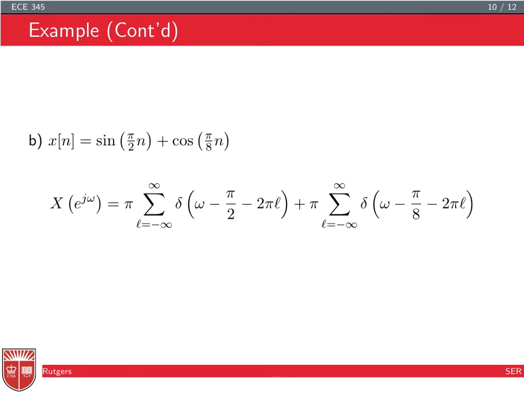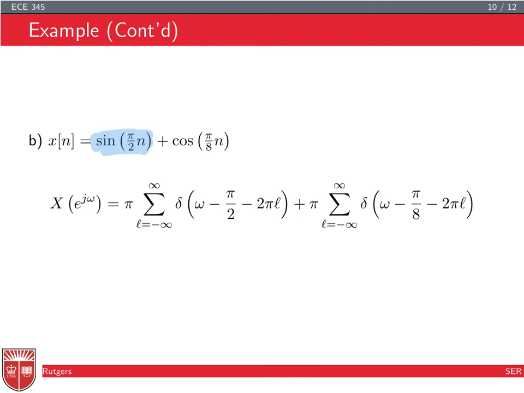Now, there is a typo here. If you recall, for the sine you have pi by j. Let me do this sine in blue. So there's a typo here.